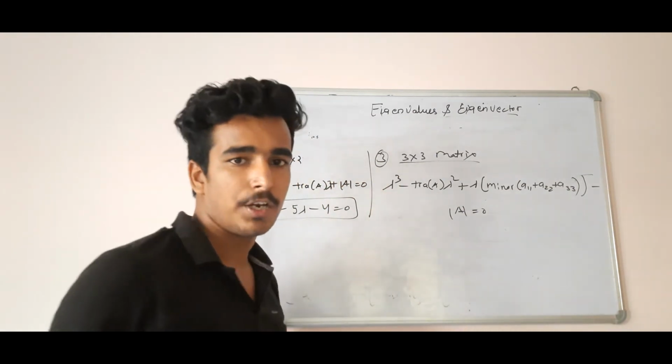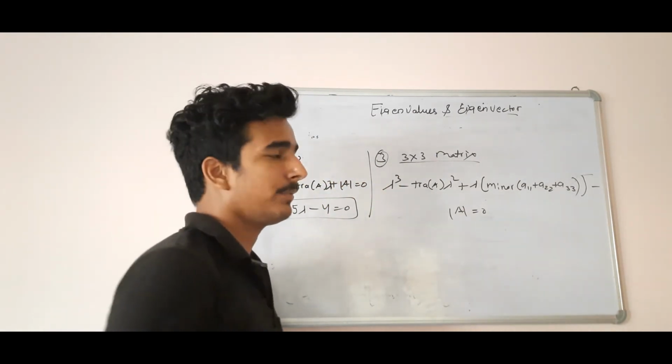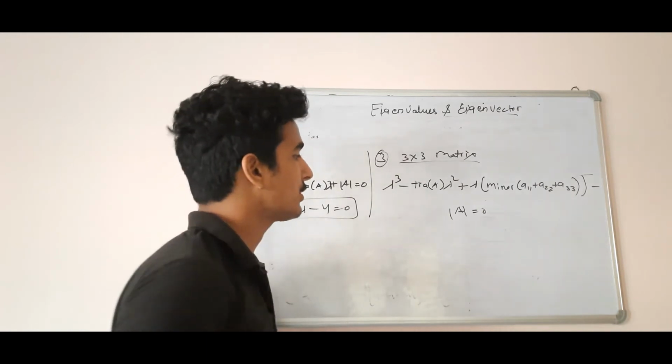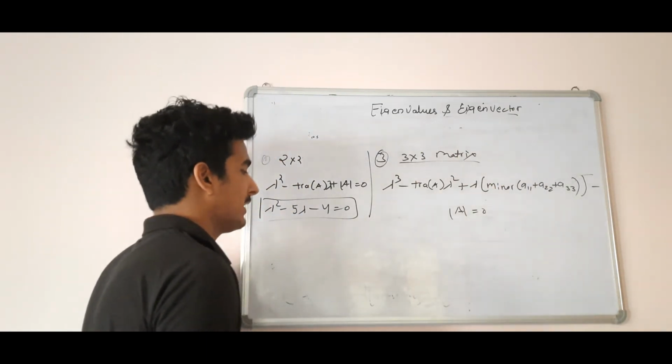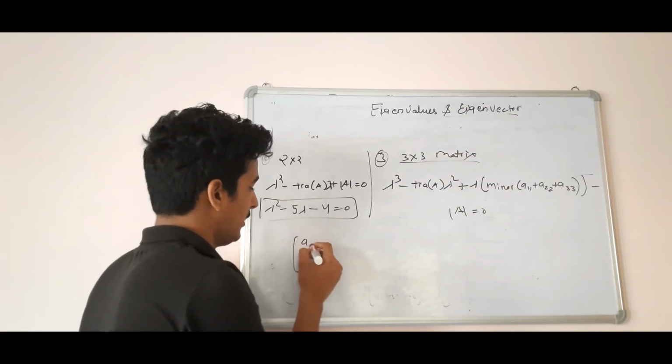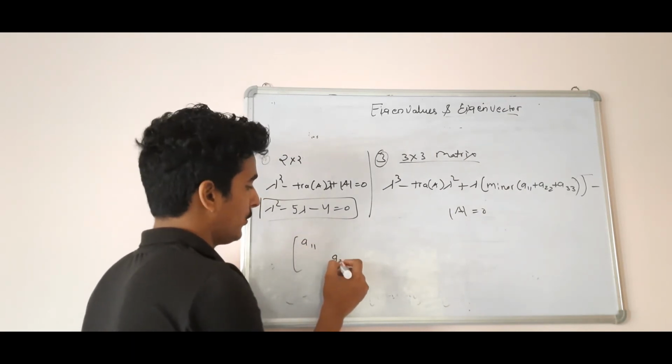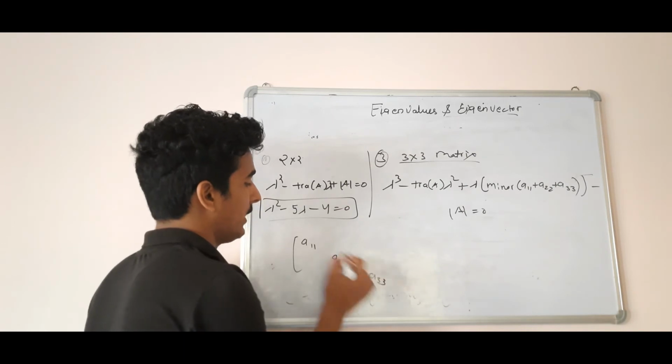Lambda cubed is understood, trace of A is understood, determinant is understood. So what is minor A11, A22, A33? These are the diagonal elements of any matrix.